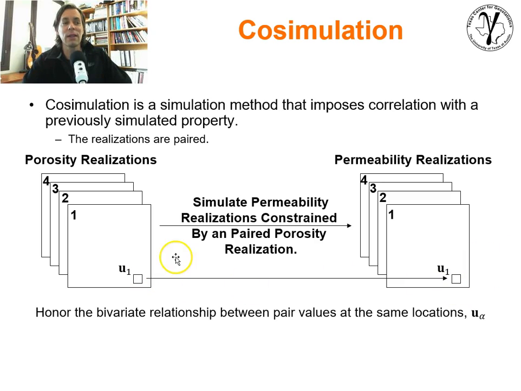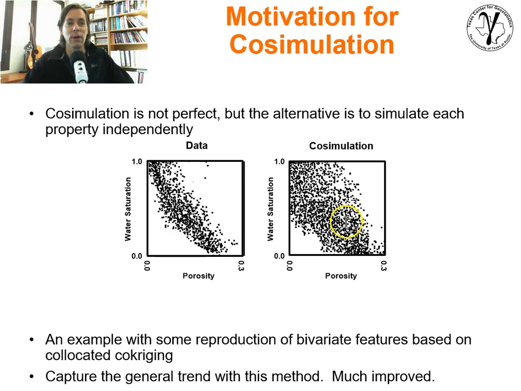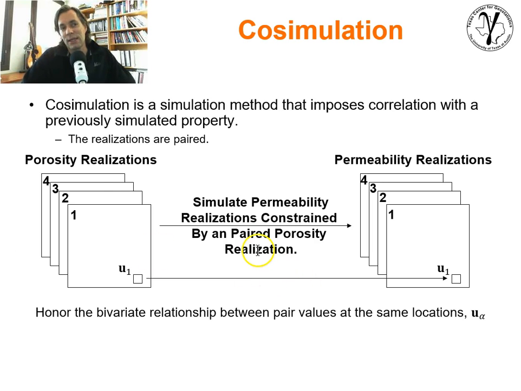And so you could even calculate that previous plot that I showed was in fact taking this location as a pair and plotting it on the scatter plot right here. Porosity, saturation. Well, for this case, of course, it's porosity and permeability, but all the same.